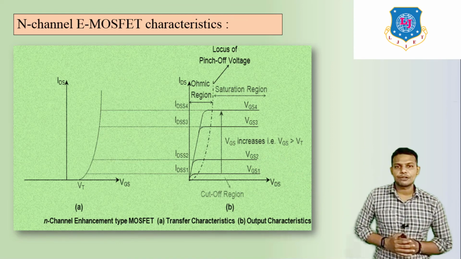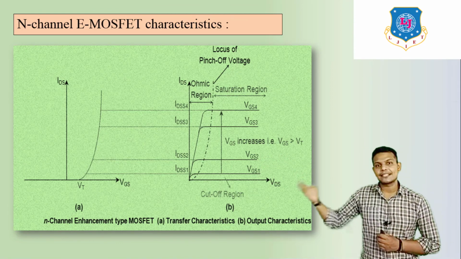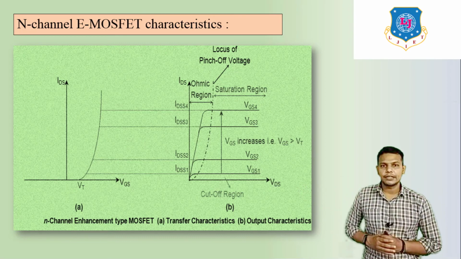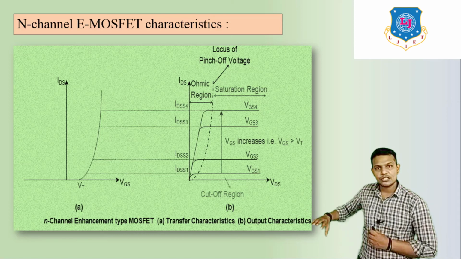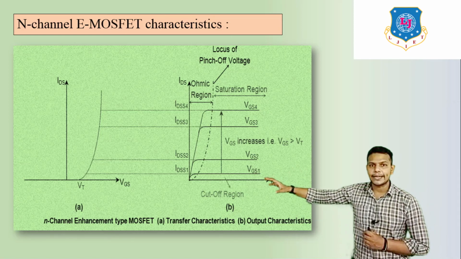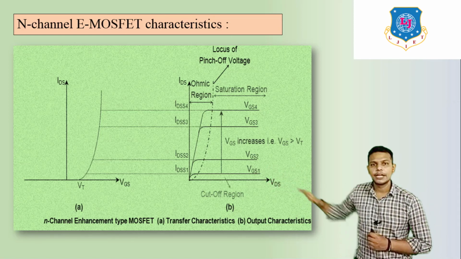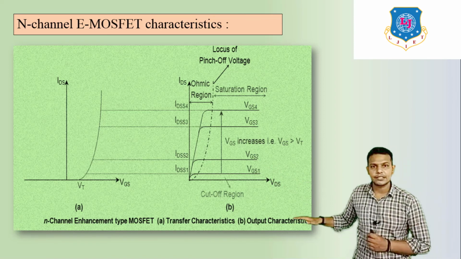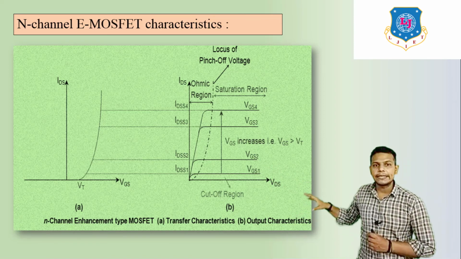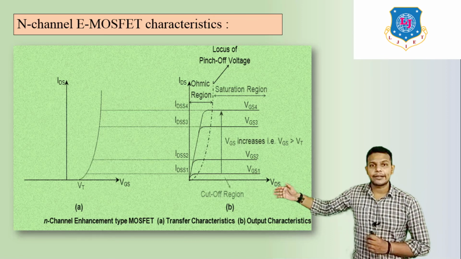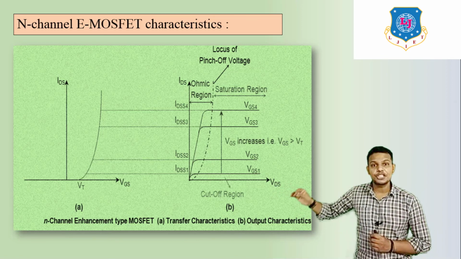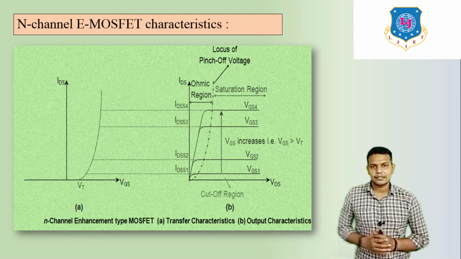It is the graph of VGS versus ID. Remember this, don't get confused between the output characteristics X and Y plot and the transfer characteristics X and Y plot. In output characteristics we plot VDS on the X axis, whereas in transfer characteristics there is VGS on the X axis.